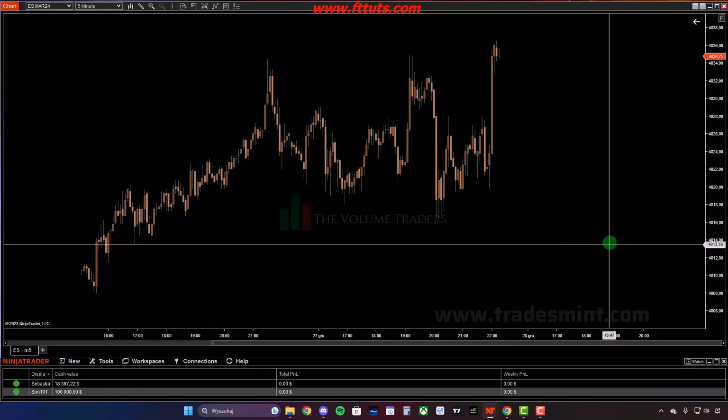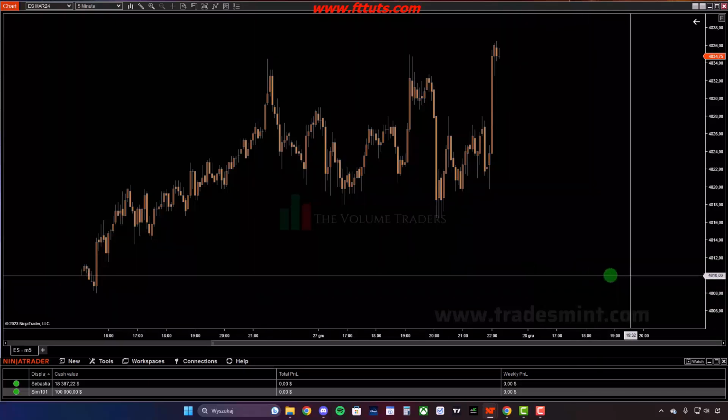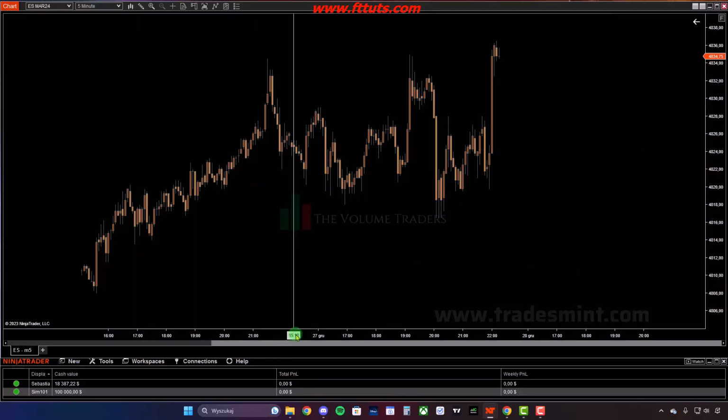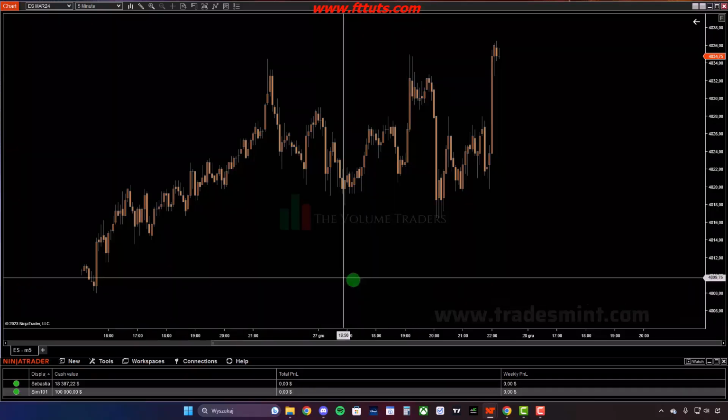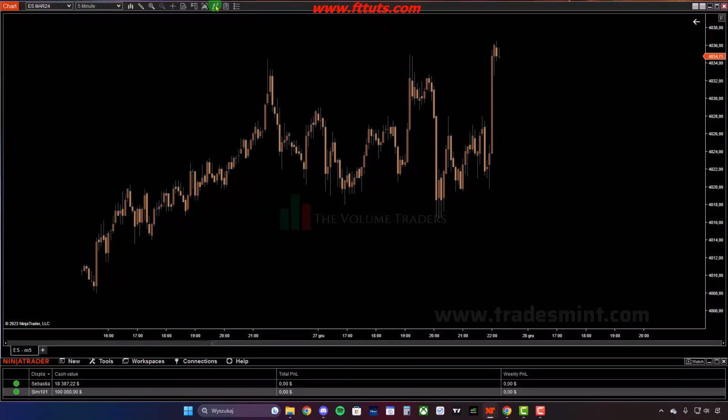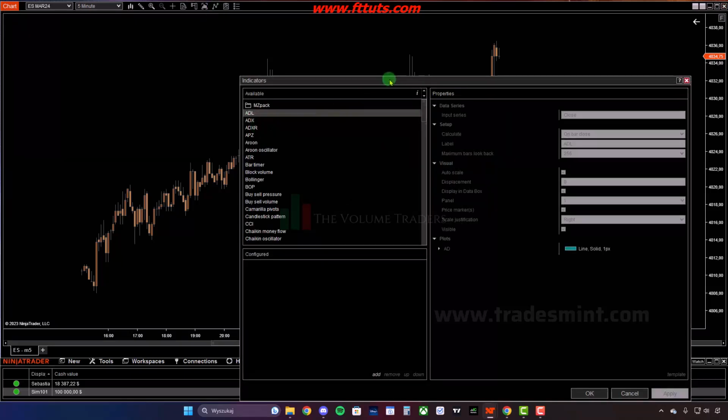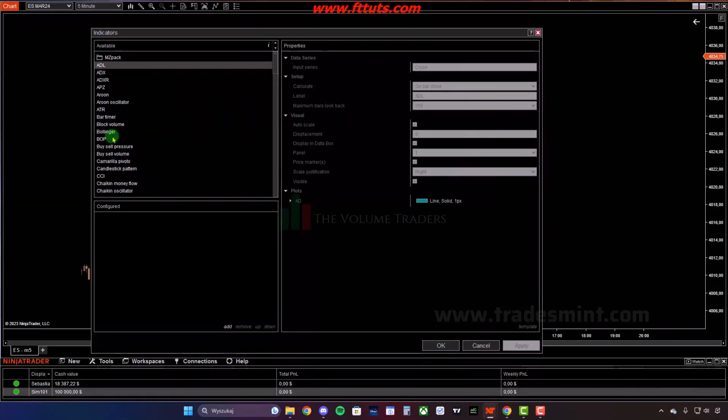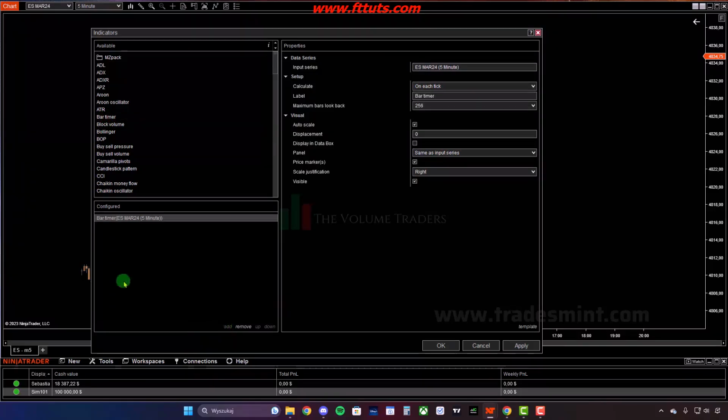At first you will see nothing, just the candles. This here is to put some basic indicators which are, in my opinion, very important, and these are bar timer, so I'll add this directly.